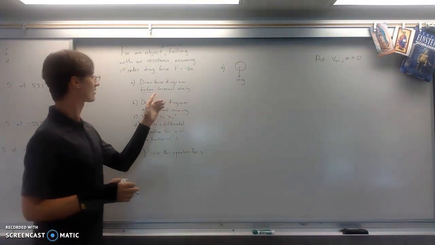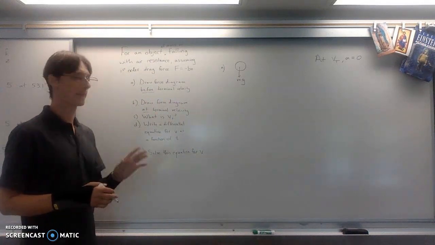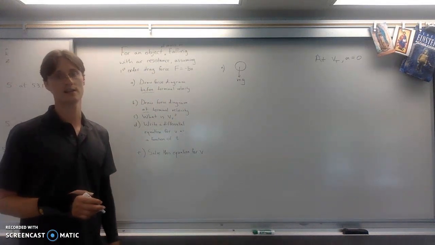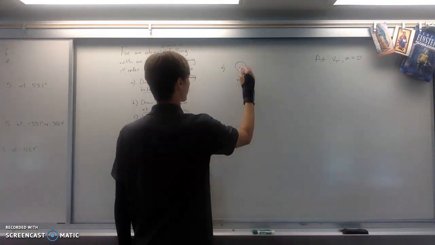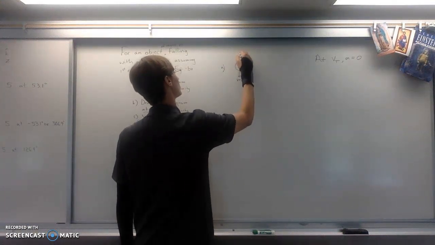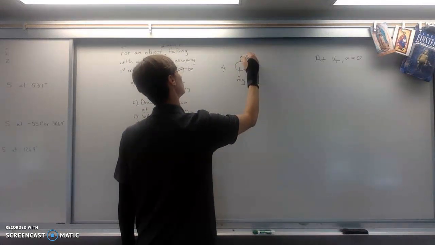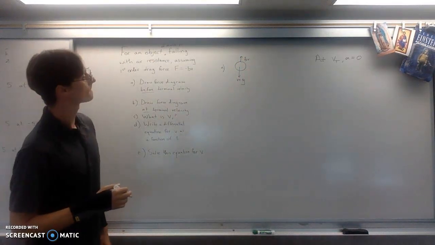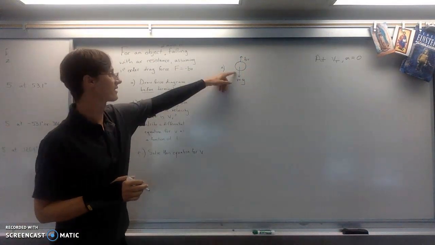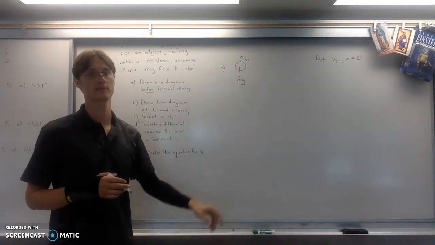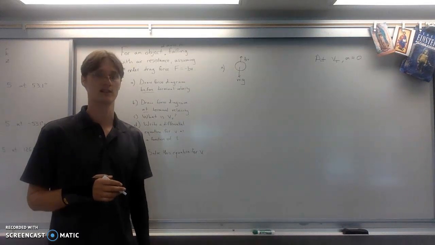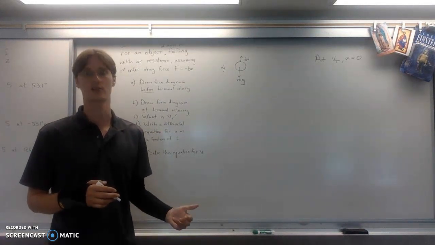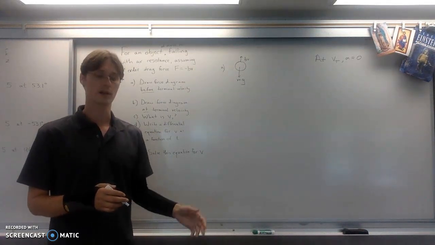It says draw a force diagram before terminal velocity is reached. I didn't write "is reached," but that's okay. I'm going to draw this. Do you see how this arrow is longer than that one? What you guys ought to remember from vectors and such is the length of the vector tells you the magnitude of whatever kind of vector it is.